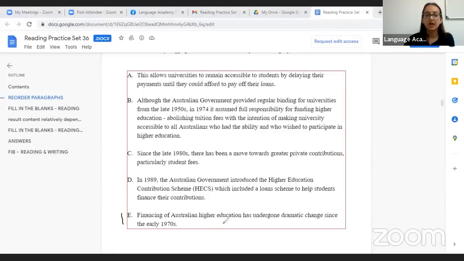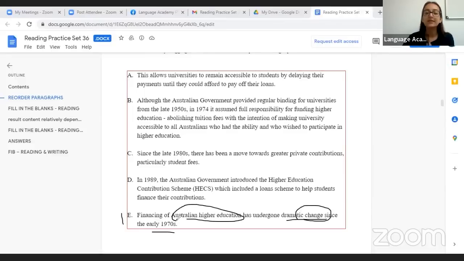Financing of Australian higher education has undergone dramatic change since the early 1970s. This is a general statement that we are going to talk about the changes in the Australian higher education system. Before this, we cannot give the changes first. First, the general sentence will introduce that we are going to talk about changes in Australian higher education, because all the other sentences were telling us what the change was.